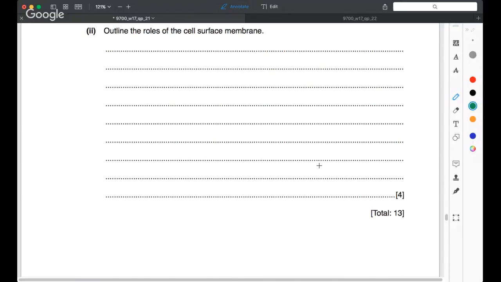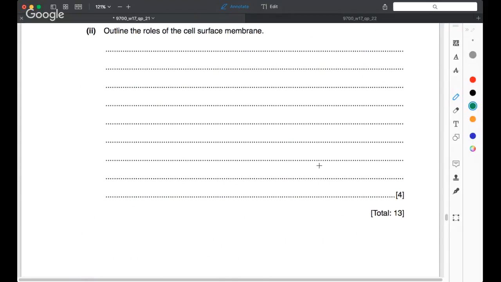The cell surface membrane creates a barrier with which we can identify the cell as a cell. It creates a barrier to create a certain environment inside the cell where specific chemical reactions and metabolism can occur.